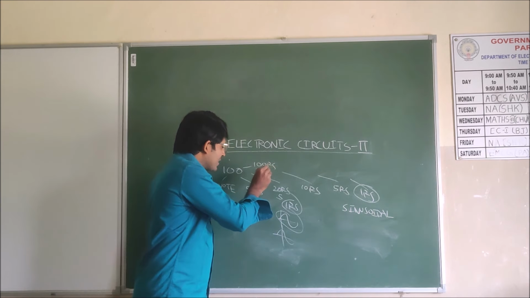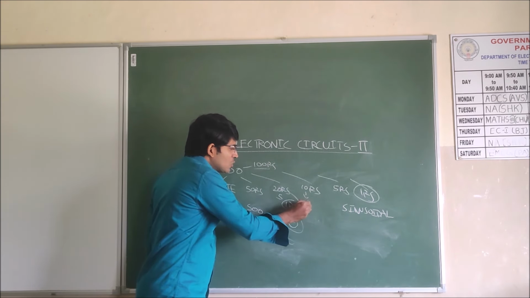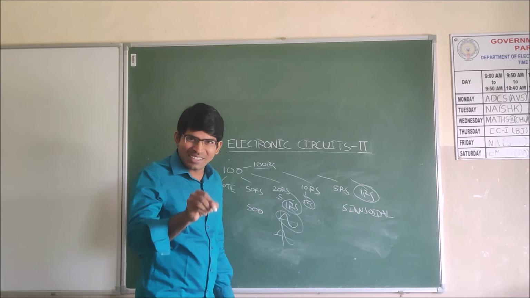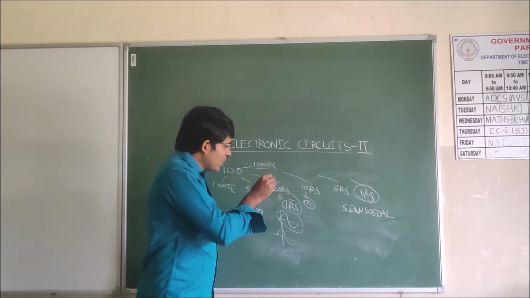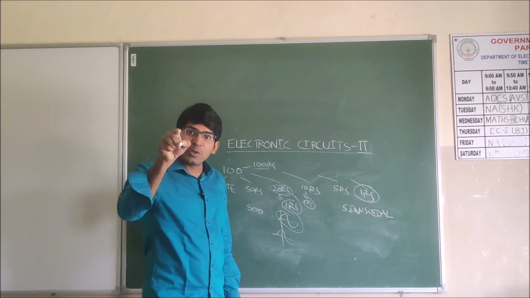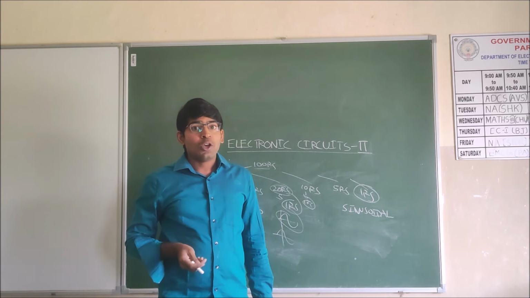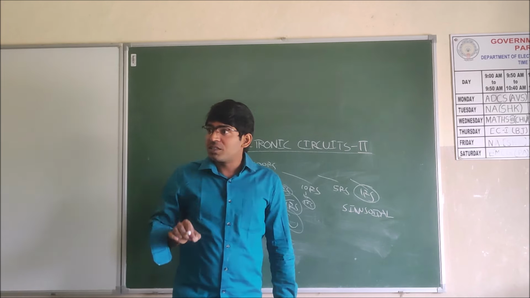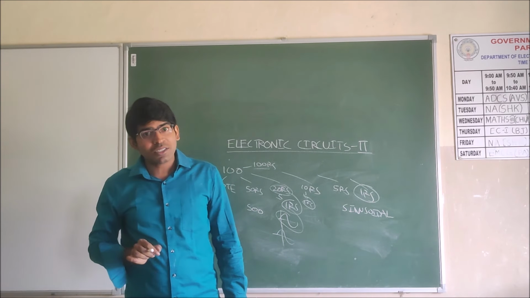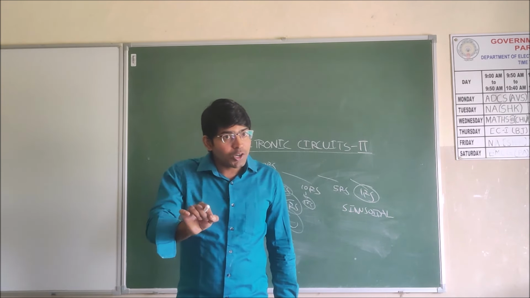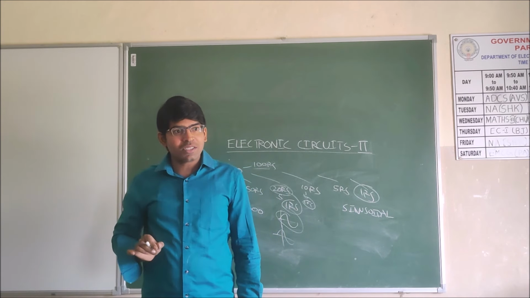Like you can represent 10 rupees by using 1 rupee coins. Like you can represent 20 rupees by using 1 rupee coins. You can represent 100 rupees by using 100 1 rupee coins. You can represent 500 rupees by using 500 1 rupee coins.